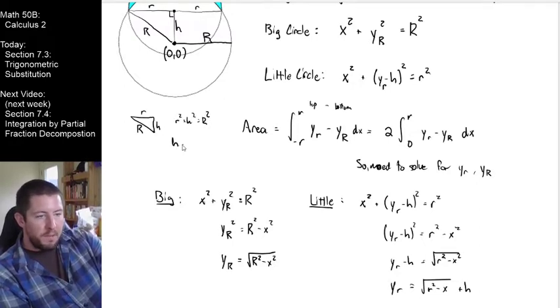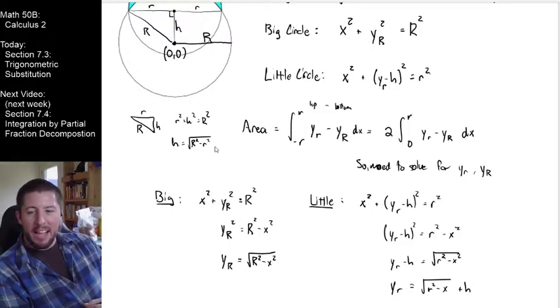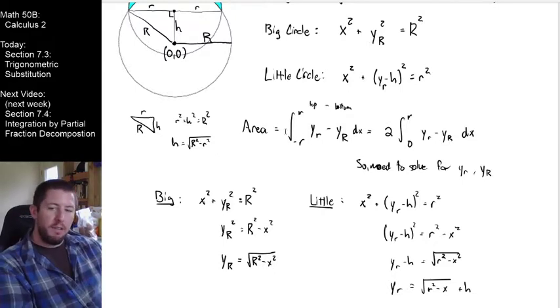And therefore, we should be finding that h is the square root of R squared minus r squared. Again, I'm going to drop that positive or negative. In the diagram that we've drawn, h is clearly a positive y value, a positive vertical distance. So I'm going to keep the positive version of the square root.